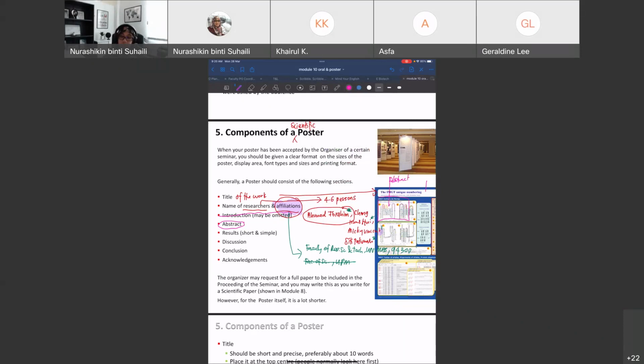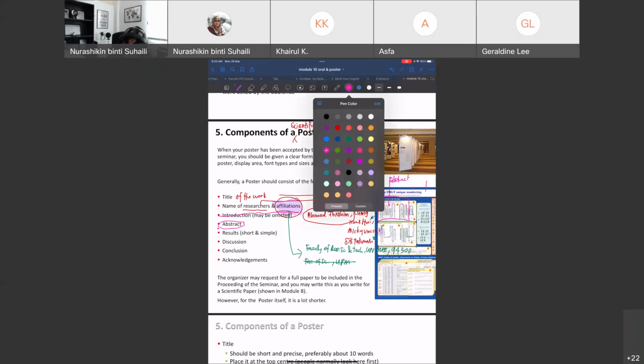So as I mentioned just now, what are the components of an abstract? It should be a very short paragraph introducing your research, the work in the poster, in a nutshell, in a very brief manner. And then after that, there must be methods before the results.